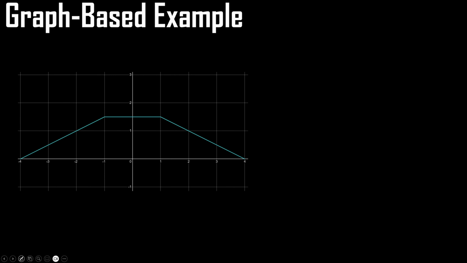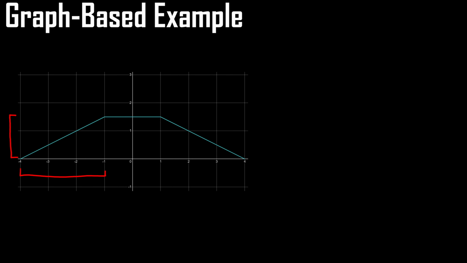If you remember our definitions, as the x values increase, if the y values increase, we're increasing. And we can see that as these x values get bigger, our y values get bigger. We're going up.